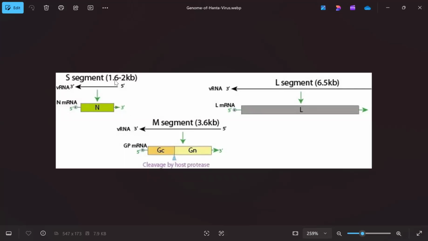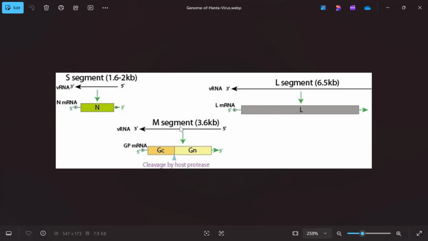So this S segment is approximately 1.6 to 2 kilobases, and the M segment is approximately 3.6 kilobases. So that's 1,000, so 3,600 approximately.